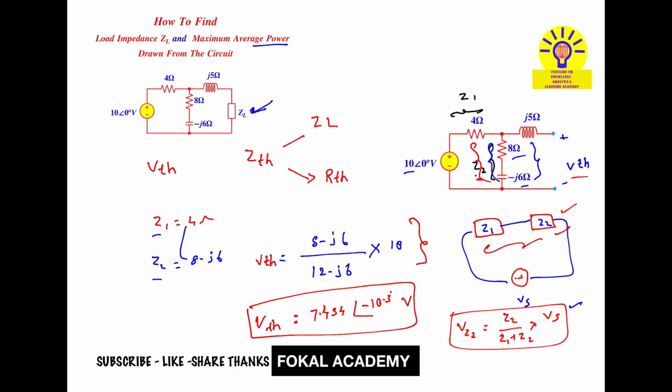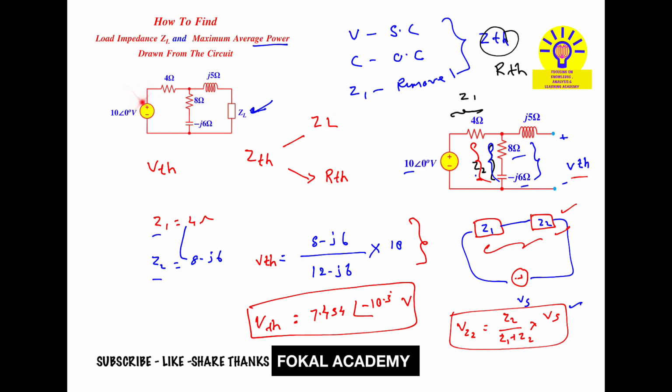If there is a voltage source, make it a short circuit. If there is a current source, make it an open circuit, and the load Z will be removed. If there were no reactive components, we would get RTH directly. But here reactive components are there, that's why we get ZTH, and from this we get ZL and RTH.